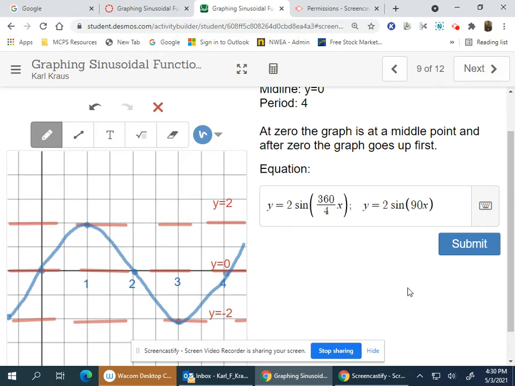So there's one cycle of the sine curve from 0, 0 to 4, 0. So let's go ahead and label these. So 1, 2, 2, 0.